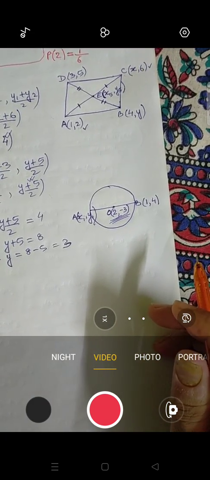So we know that this is the midpoint, so by applying the midpoint formula we will be getting this coordinate, or not? Okay, so we will apply the midpoint formula.